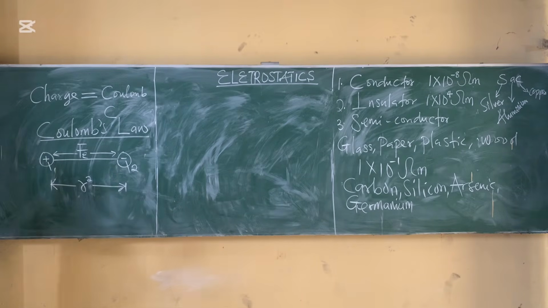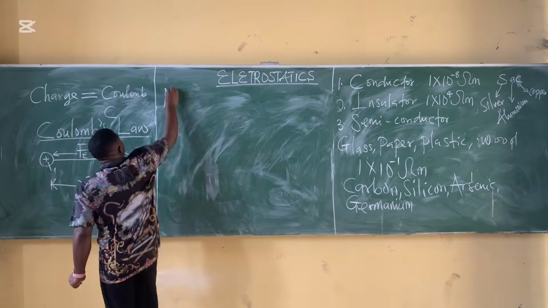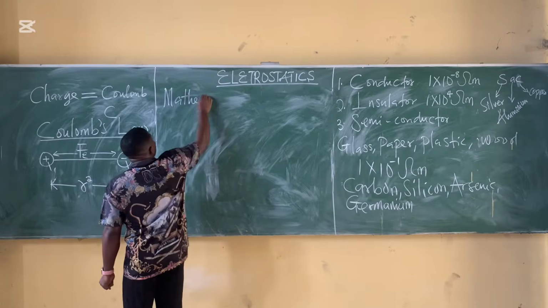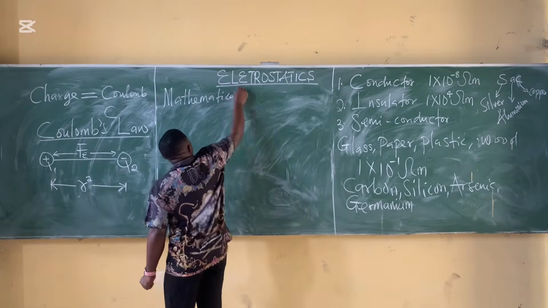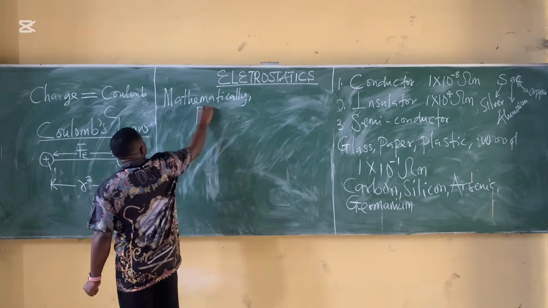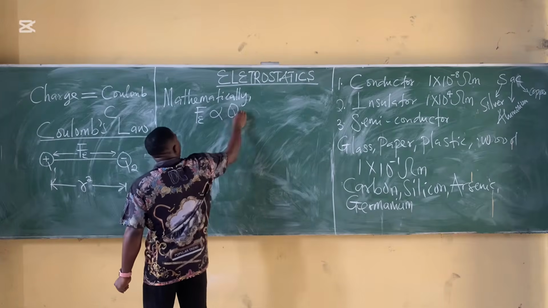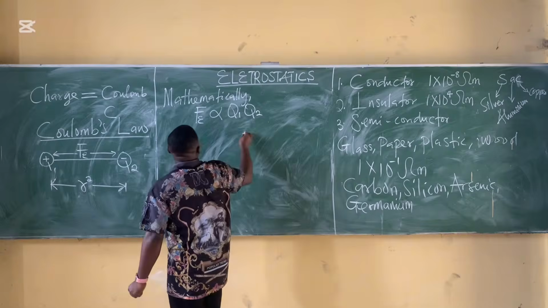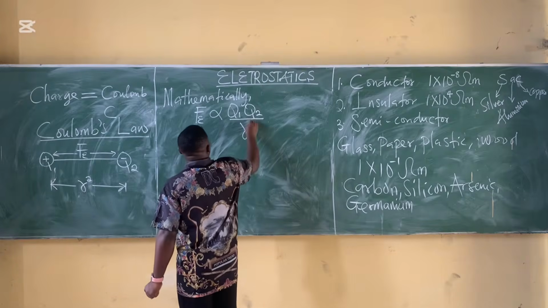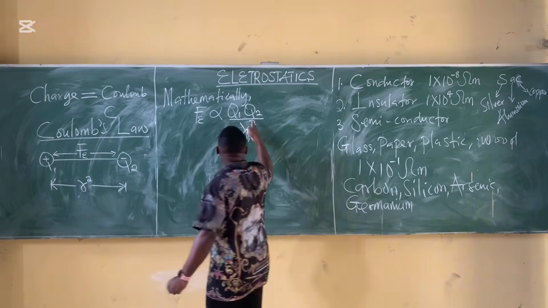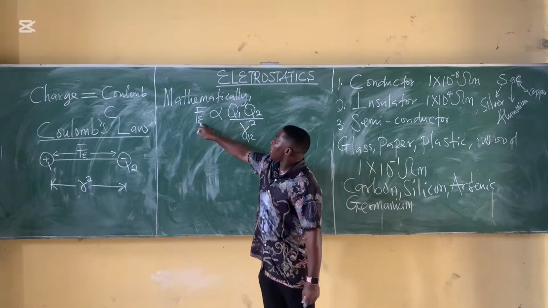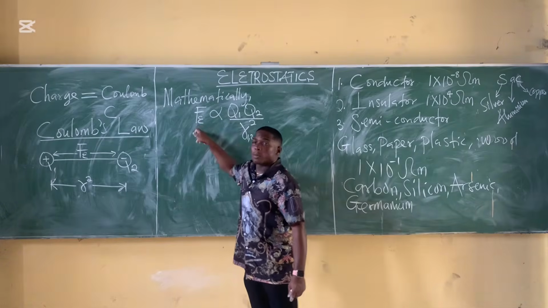Whenever you state Coulomb's Law, please give this resultant diagram or explanation. So we can say that mathematically, the electric force is directly proportional to what? Q1, Q2, and is inversely proportional to what? R squared. This F is called electric force.